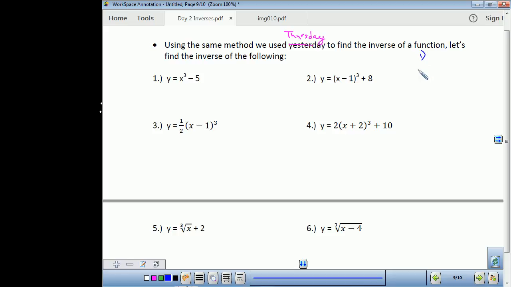Give me just a second, and I'm going to go back over the steps. Step 1 is to switch the x and y. Step 2 is to solve for y. And step 3 is to rewrite using inverse notation.